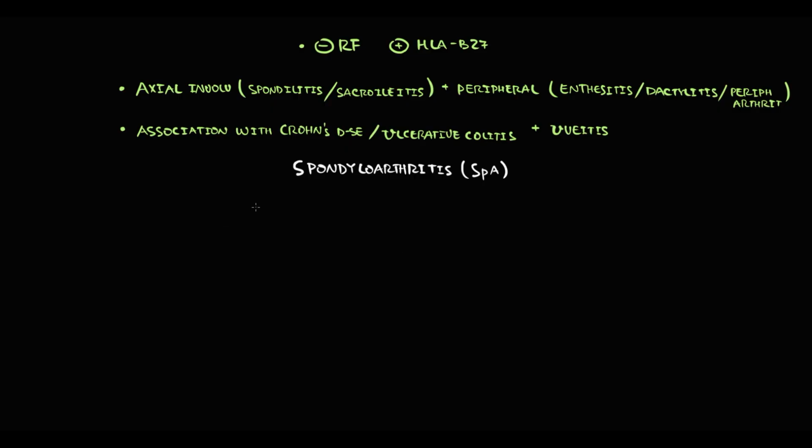Now, spondyloarthropathies are subdivided, based on predominantly affected joints, into axial and peripheral. In axial spondyloarthropathies, the major symptom is back pain, which means that the most severe inflammation occurs in the axial skeleton. But spondyloarthritis can also be peripheral.